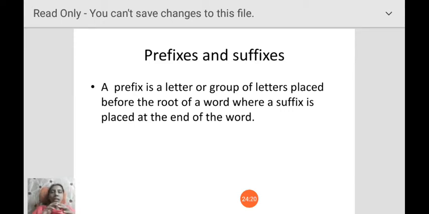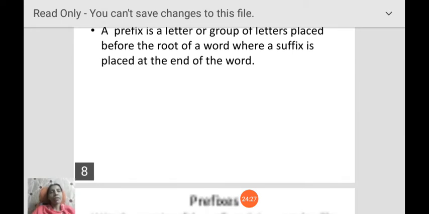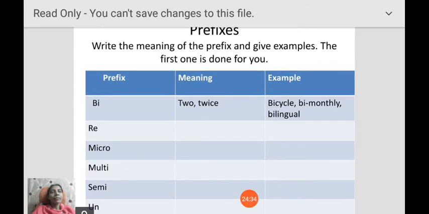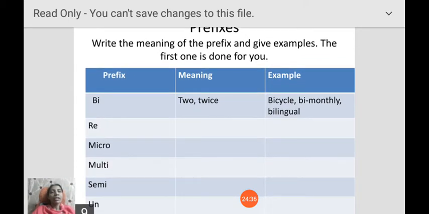Now in this class we will look at some prefixes and suffixes. First we will deal with prefix. So I have given you some prefixes here. Okay, I think you can see it now. Right, first before entering into the detail, let's have some exercise. Write the meaning of the prefix and give examples.